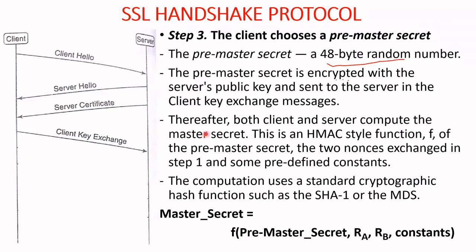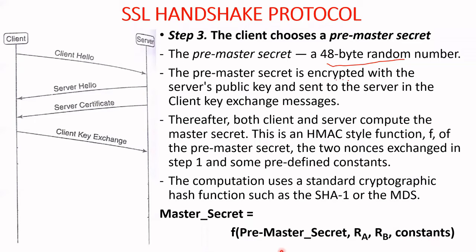Thereafter, both client and the server compute the master secret. From this pre-master secret, both the client and the server independently calculate the master secret. What is master secret? That is a HMAC style function, which takes in as arguments the pre-master secret, the two nonces RA, RB, which have been exchanged in step 1, and some predefined constants.